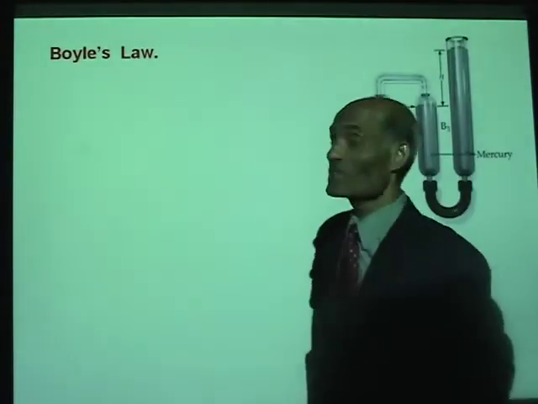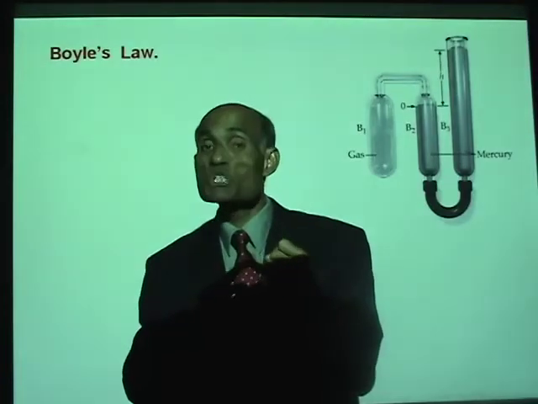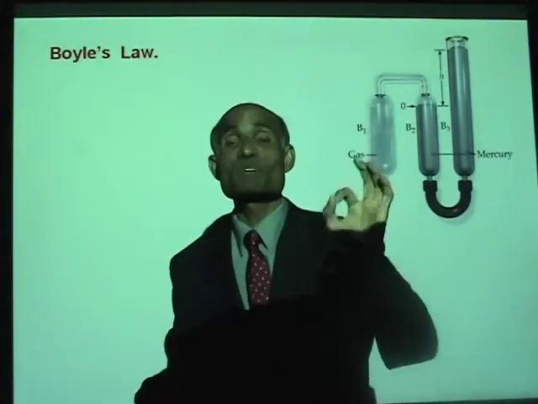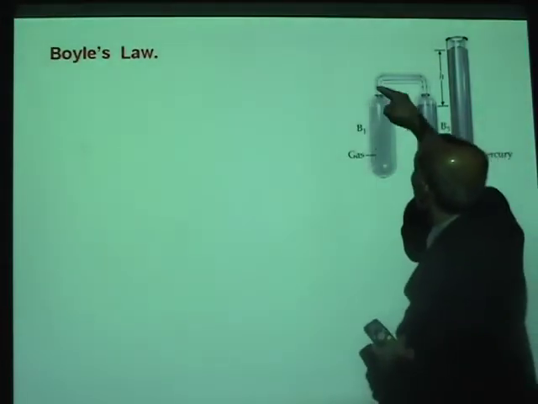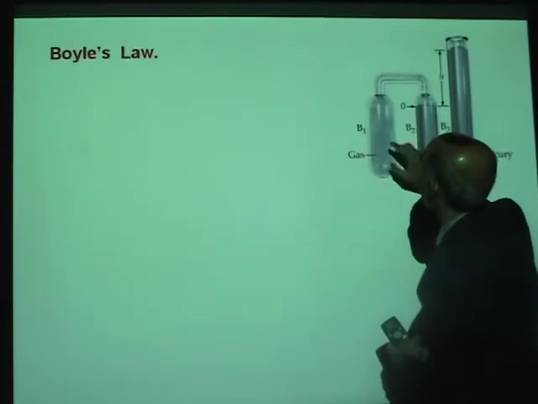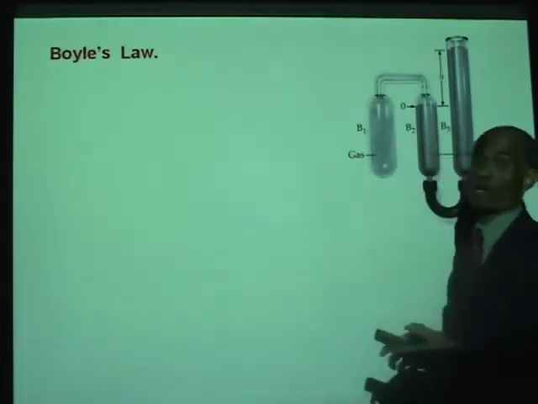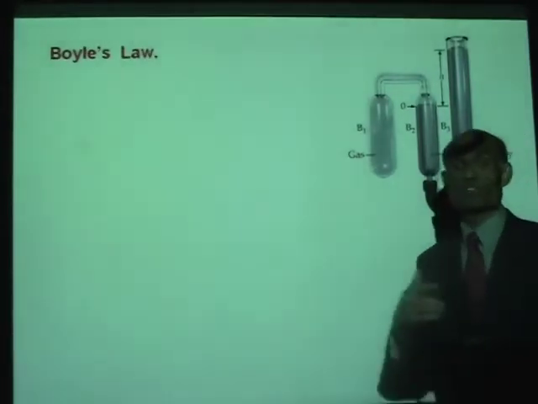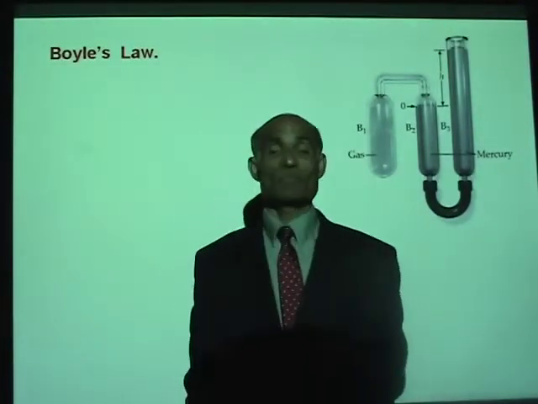The three important studies are, we will study the variation of pressure and volume when temperature is kept a constant. We have a gas enclosed inside here. We will study the relationship between pressure and volume when the temperature is constant. And that relationship is Boyle's law.